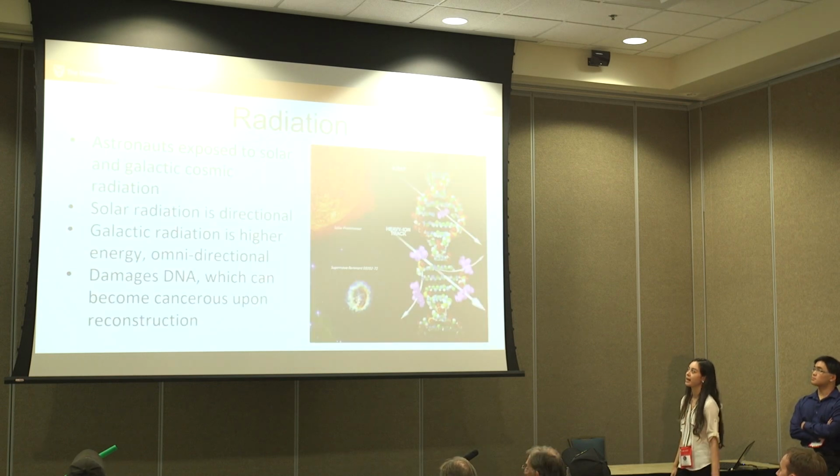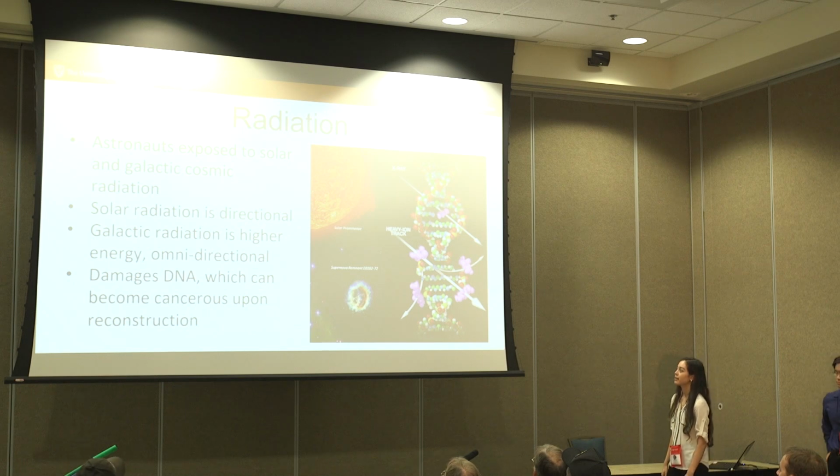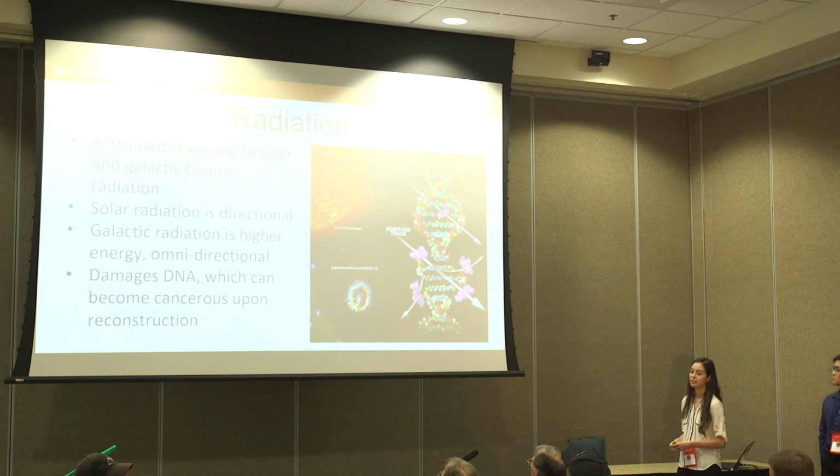Now, taking a step back, I want to talk about radiation. So just some background on radiation effects on astronauts. There's 2 different types, solar particle events and galactic cosmic radiation. Solar particle events are obviously coming from the sun, which is one directional. Galactic cosmic radiation is coming from all over the universe, so it's omnidirectional. You'd have to shield basically everywhere.